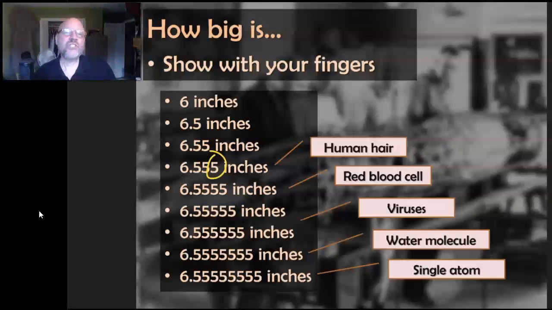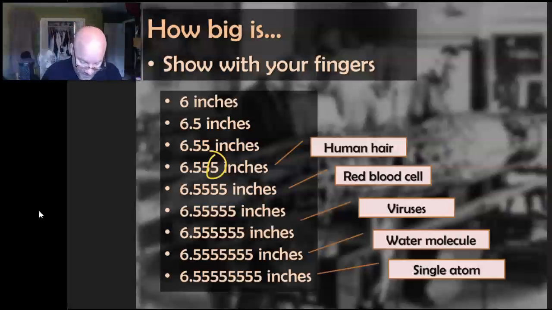So if you're measuring a tabletop with a ruler, would anybody think it was reasonable that you could measure that thing to within the thickness of a human hair? Probably not. But it gets worse as we keep going.